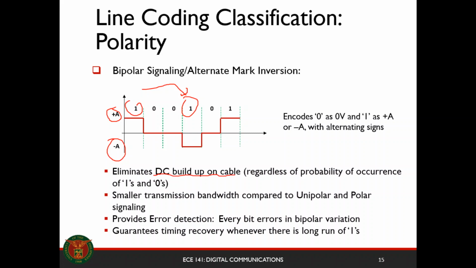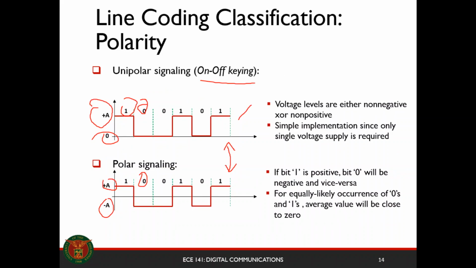This is regardless of the probability of occurrence of ones and zeros. It also has a smaller transmission bandwidth compared to your unipolar and polar. If you compare them, your unipolar would just switch when there is 1 between 1 and 0. If we have an alternating 1 0 1 0, then we have a square wave.